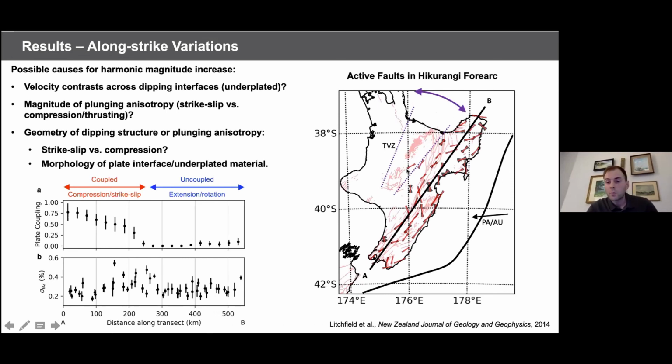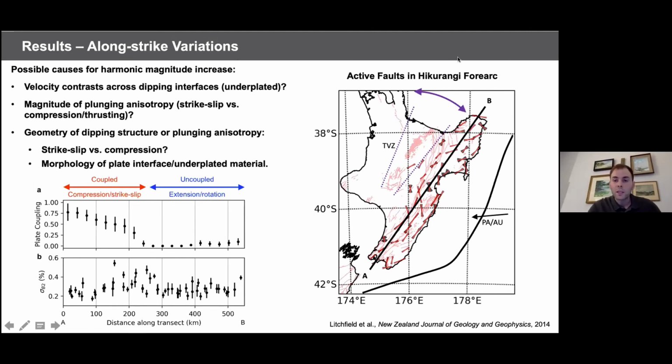And so a possible explanation for this rotation of the alignment of our receiver function observations could be that they either represent past physical structures within the forearc that have subsequently been rotated, or they simply represent a rotation in the direction of maximum horizontal compressive stress in northern Hikurangi.